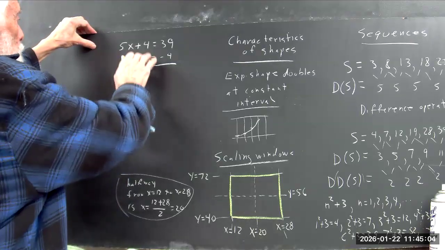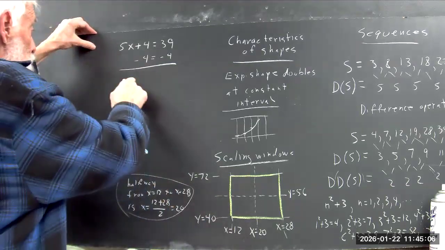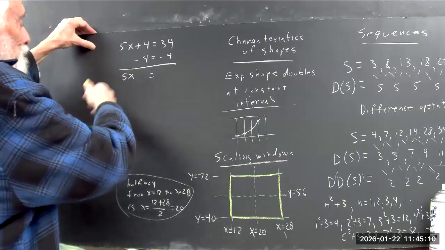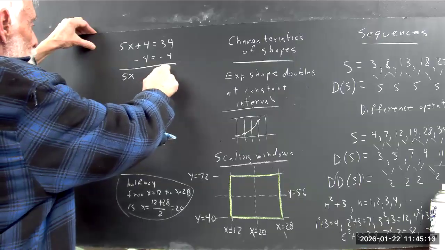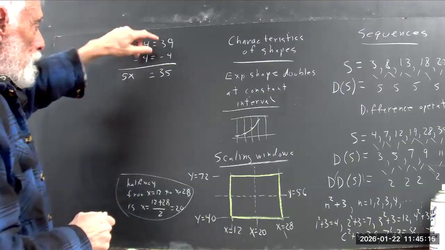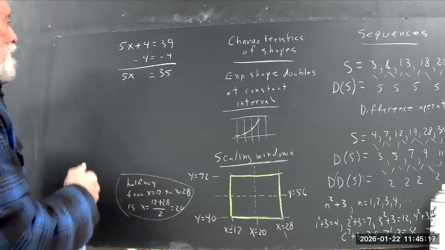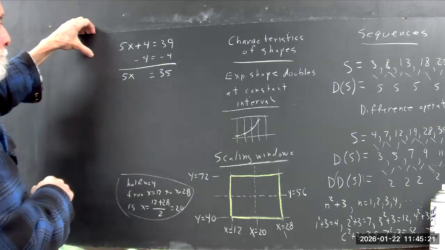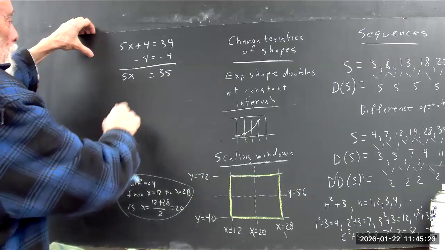Okay, so 4 minus 4 is 0. And that just leaves us our 5x. We don't have to write the 0 because we're adding it. And of course, 39 minus 4 is 35. And now I don't just put over 5 here.